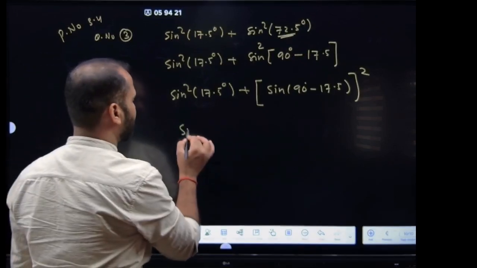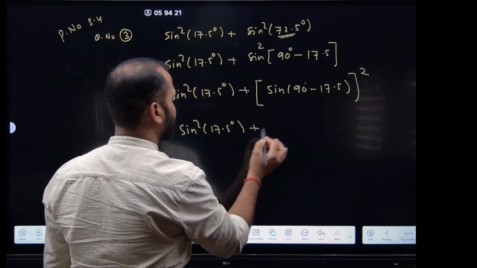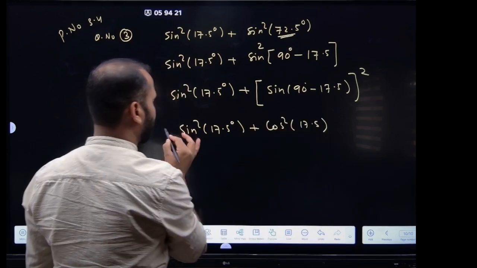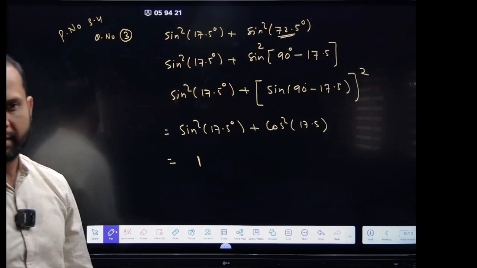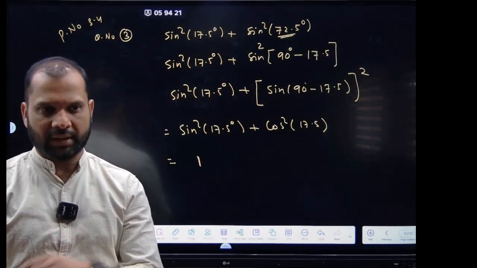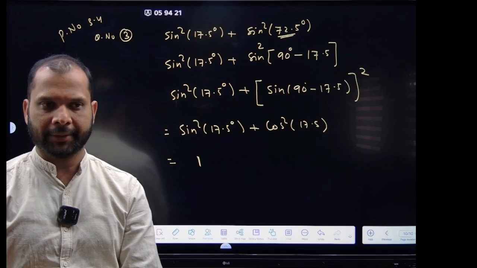So this is sin square 17.5 degree. This is cos square 17.5. Now sin square theta plus cos square theta, how much should it be? 1. So from the options you check, which option is 1? Tan 45 is 1, square of that will be 1. So tan 45 will be the answer.